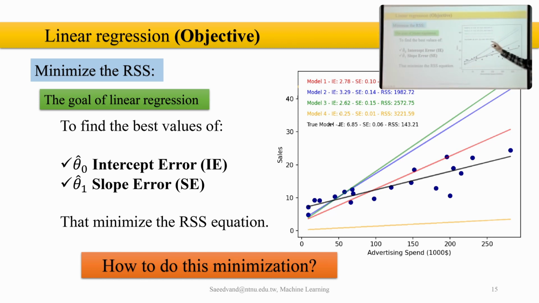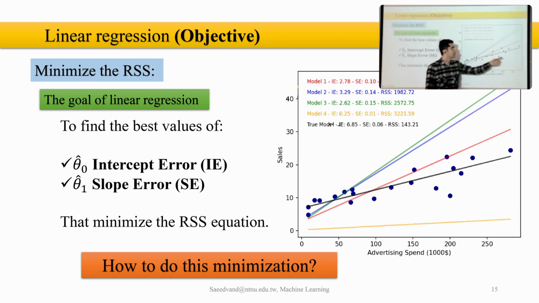I also plotted different models, model 1, 2, and the optimum model that uses the training algorithm to have optimal results, and you can see the parameters and understand what is happening. For example, you can see the intercept error, the slope error, and the residual sum of squares.